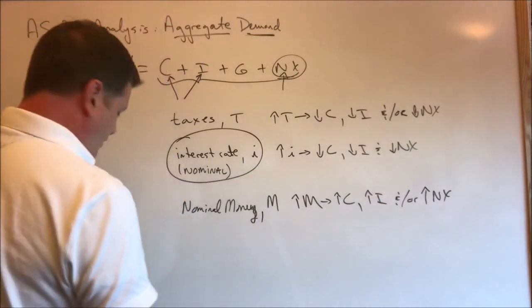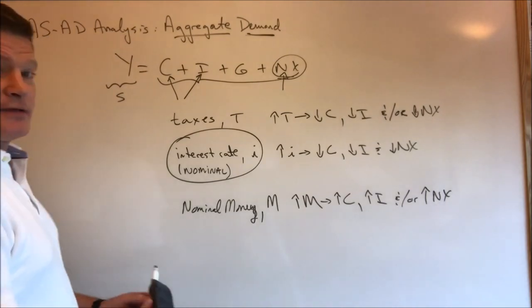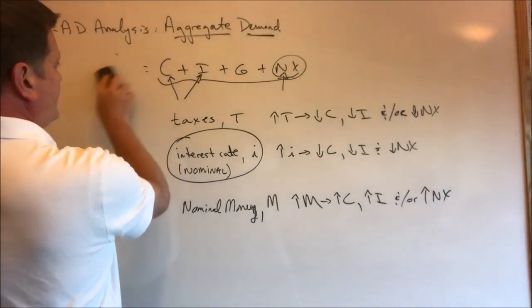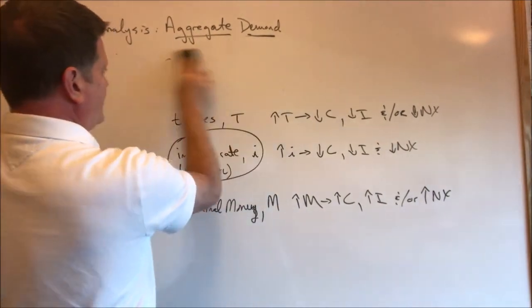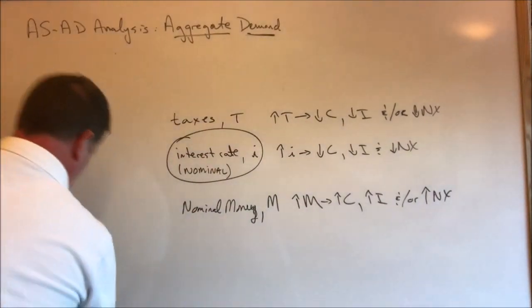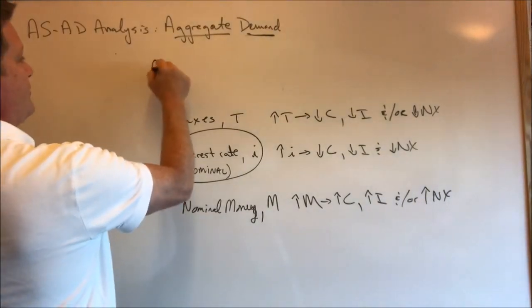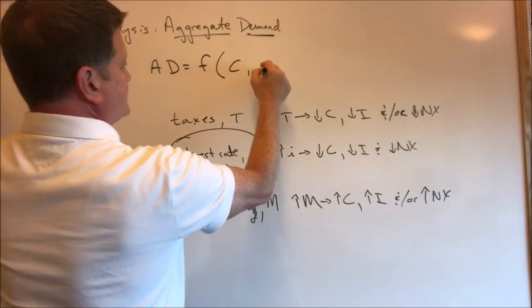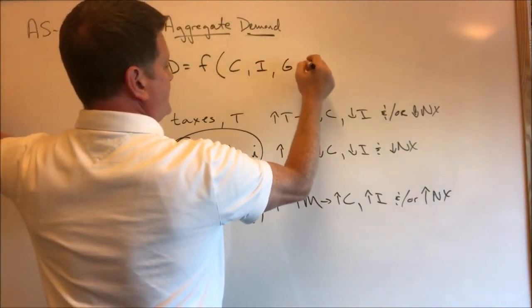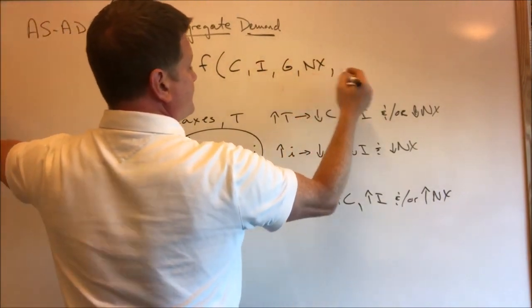So it's often very expedient to write aggregate demand using all of this in a very handy way. We'll say aggregate demand is a function of consumption, investment, government spending, net exports.